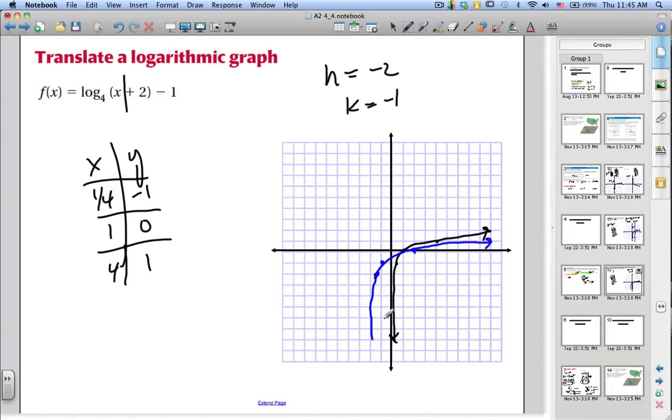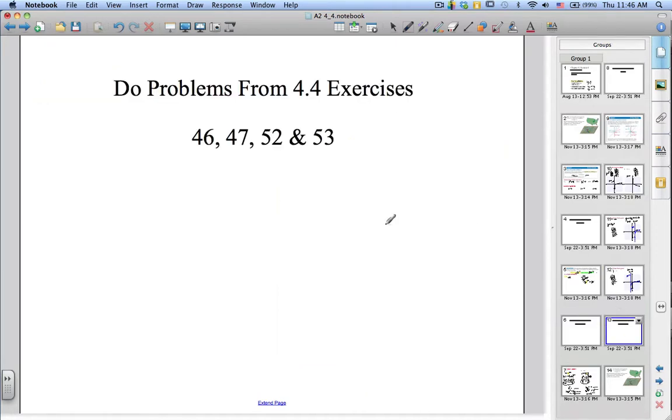And you see my graph has shifted to the left and down just a little bit. If I put my asymptote in at x is equal to -2, there's my asymptote. Okay, so go ahead and practice graphing with h and k. Do 46, 47, 52, and 53. Come on back and we'll finish out the lecture.